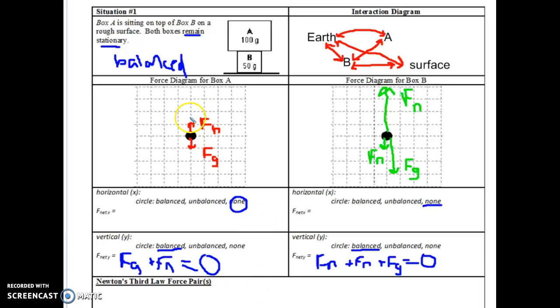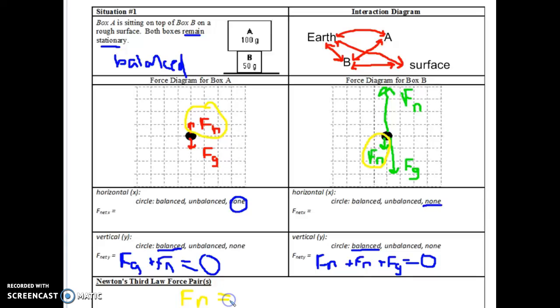The last thing that I want to point out is this Newton's third law force pair. When I'm looking at my diagrams, I'm looking for the same type of force on different objects, equal in magnitude but opposite in direction. I can see right here I've got a normal force downward on B by A. Here I've got an upward normal force on A by B. So I would write about those in my Newton's third law force pair statement.